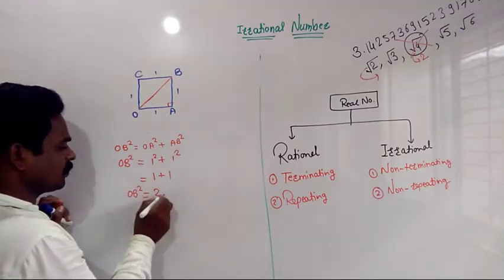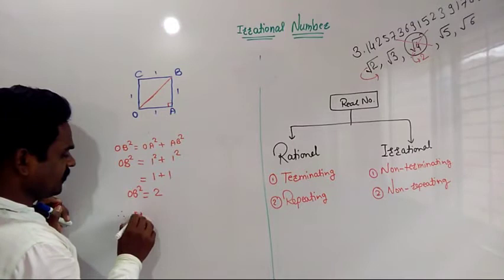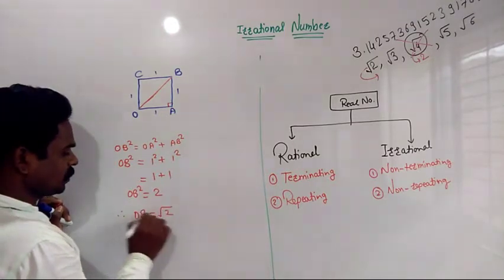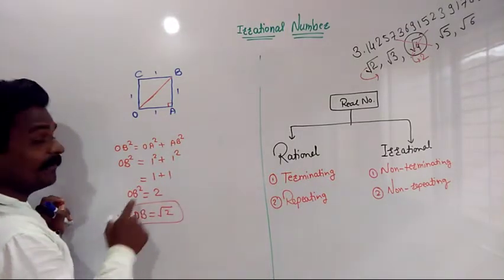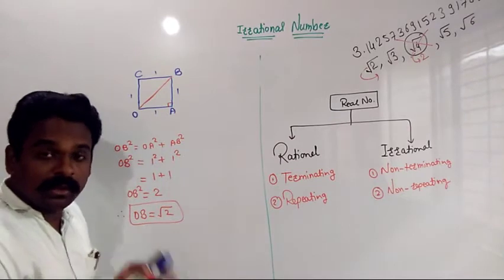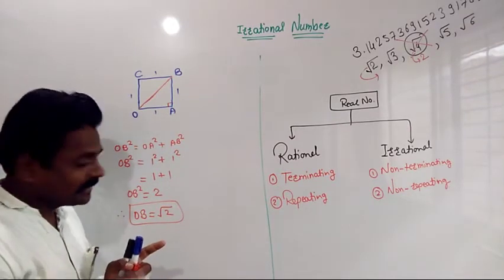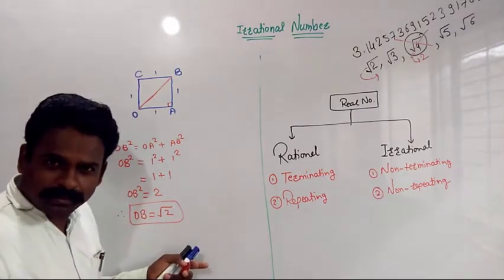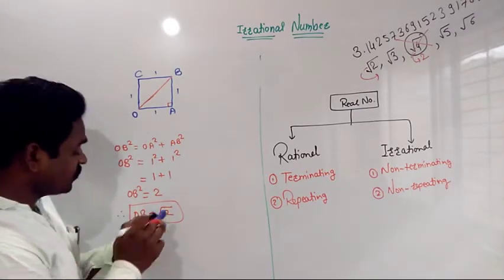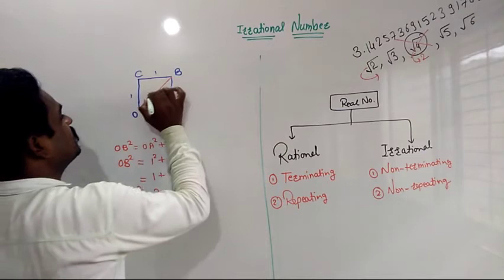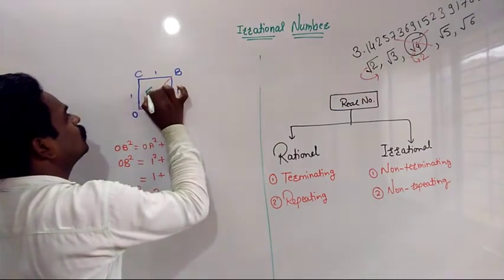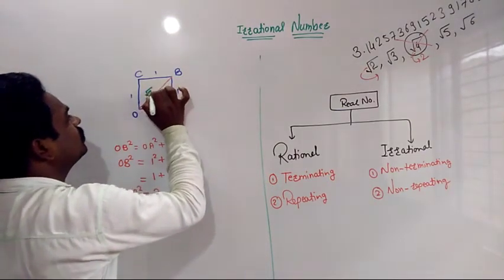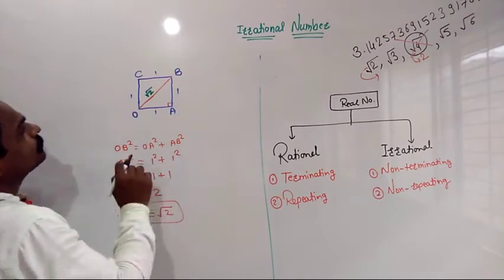OB square is equal to 2. Therefore we can write OB is equal to root 2. So OB is root 2.